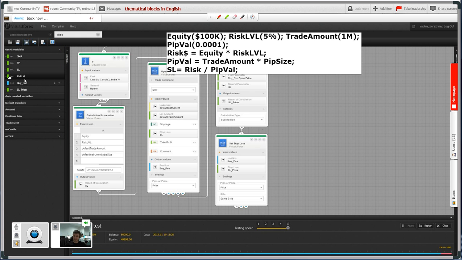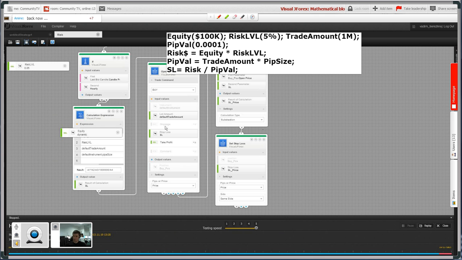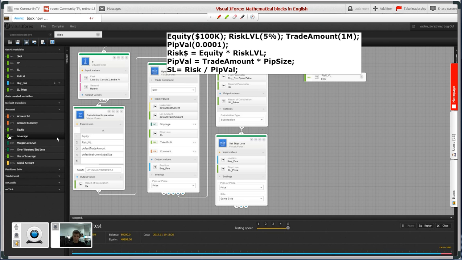Risk level. Once again. Acuity level. Come on, where is it? Risk level, then trade amount.